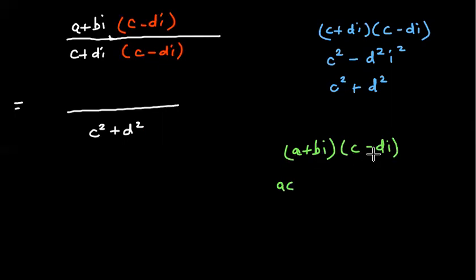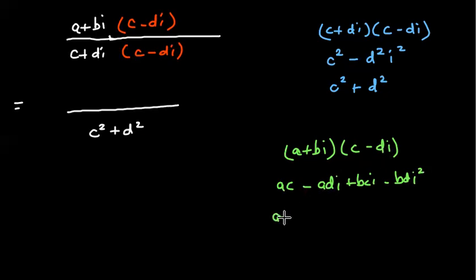A times minus di is minus adi. bi times c is bci. And this now becomes bdi squared. This is bi multiplied by minus di.